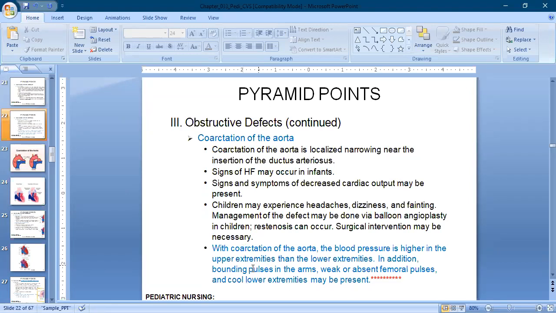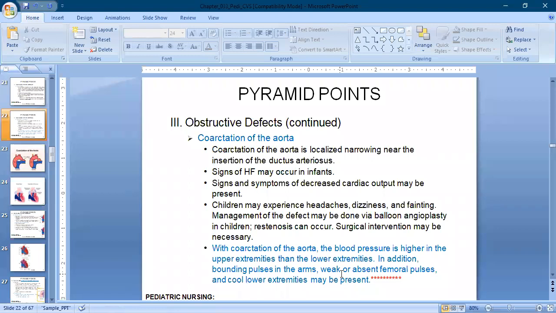In addition, bounding pulse in the arms, weak or absent femoral pulses, and the two legs or lower extremities may be cool. So I said it is an NCLEX board-like question.